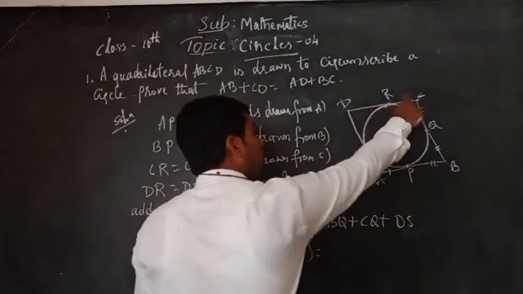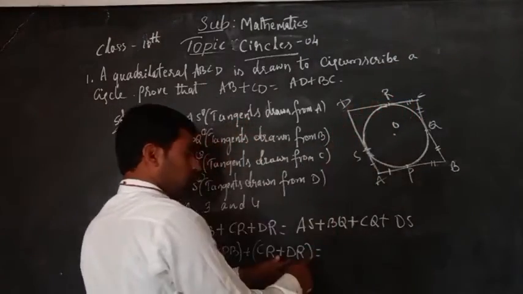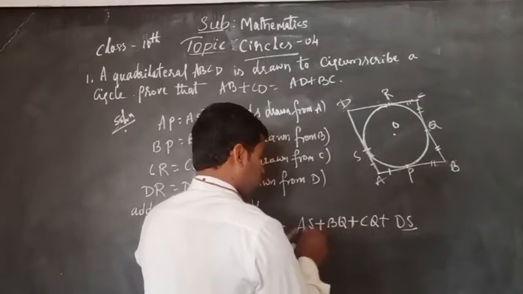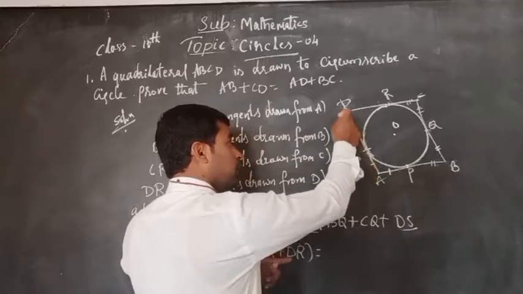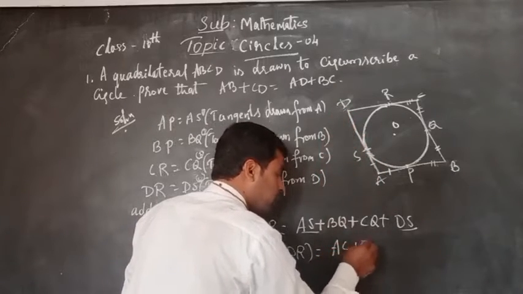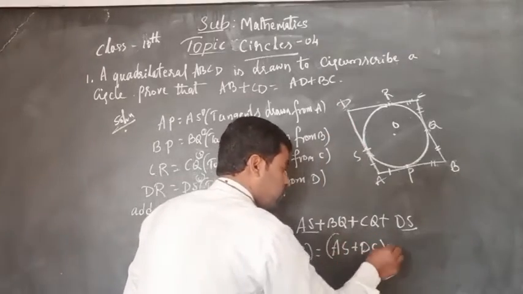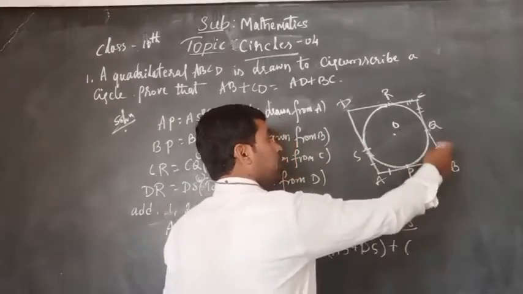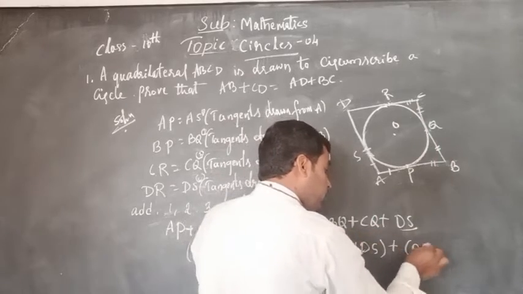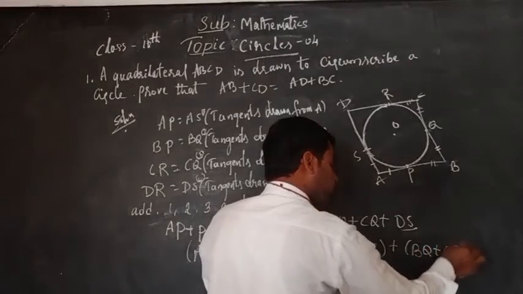Again CR plus DR I have taken as a group. Again AS plus DS. See, AS plus DS is equal to AD. Again BQ plus CQ I have now arranged.